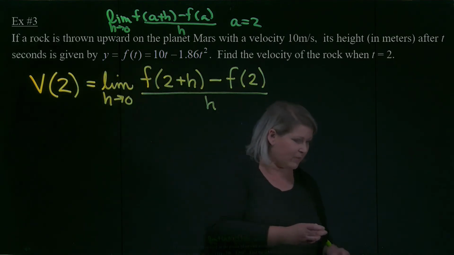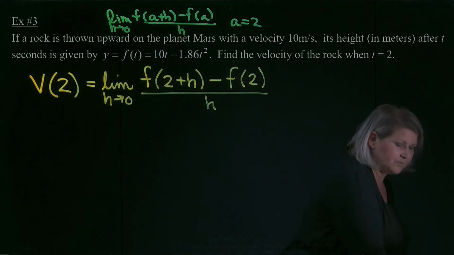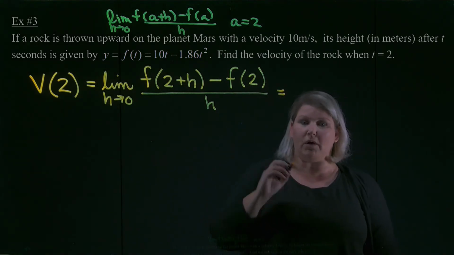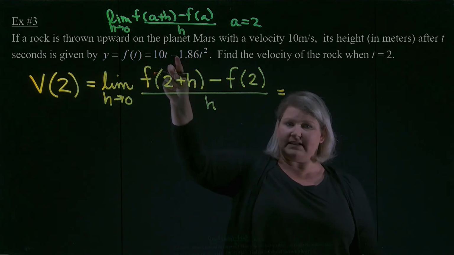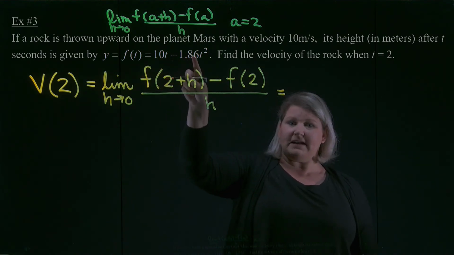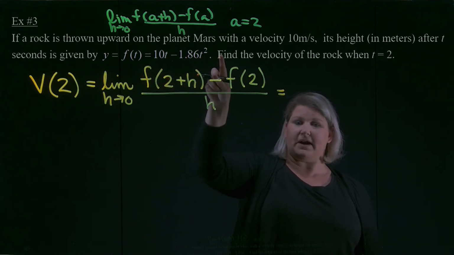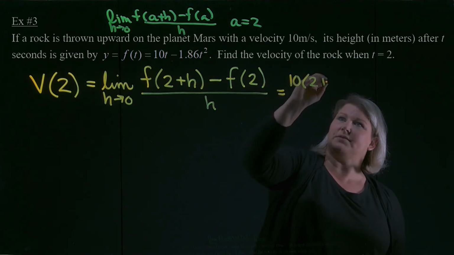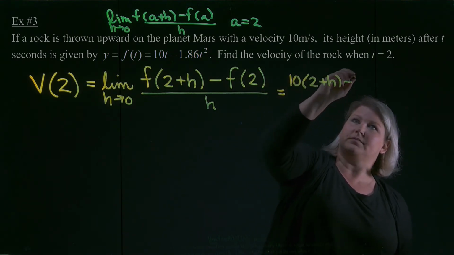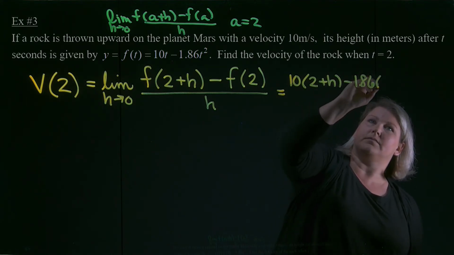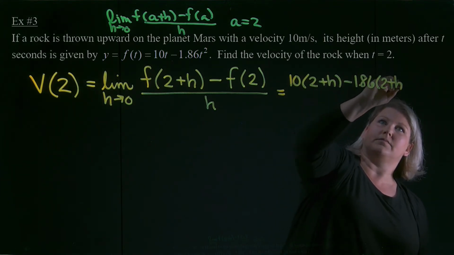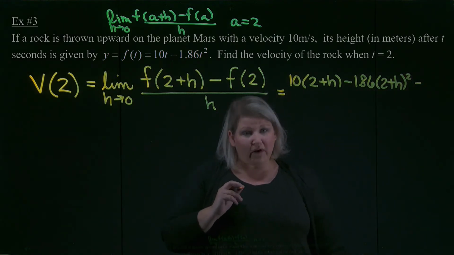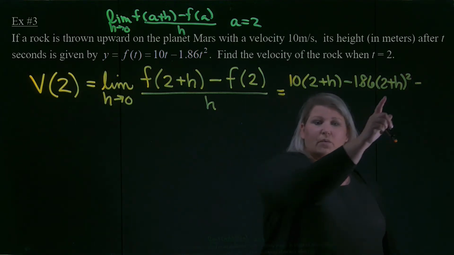So let's evaluate this. For f of 2 plus h, we're going to take 10t minus 1.86 t squared, and plug in 2 plus h. And then we're going to subtract when we plug in 2.